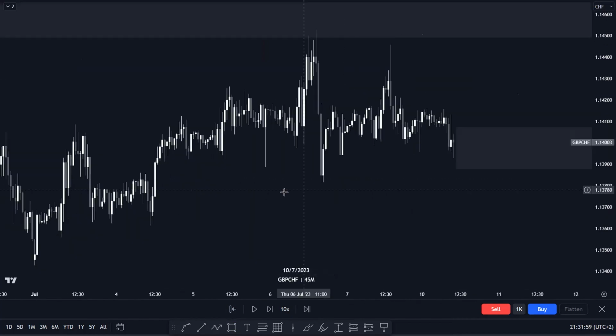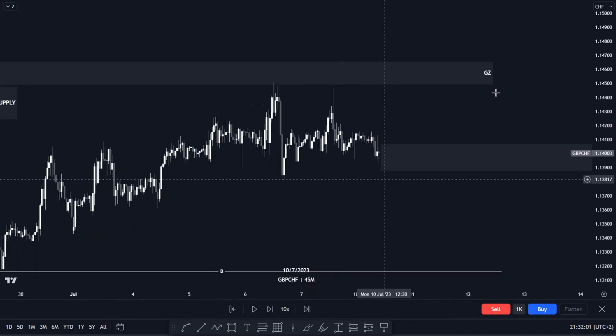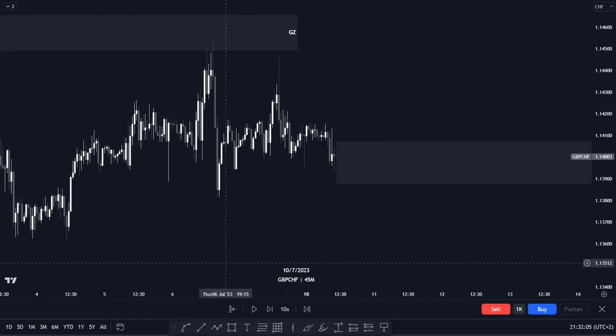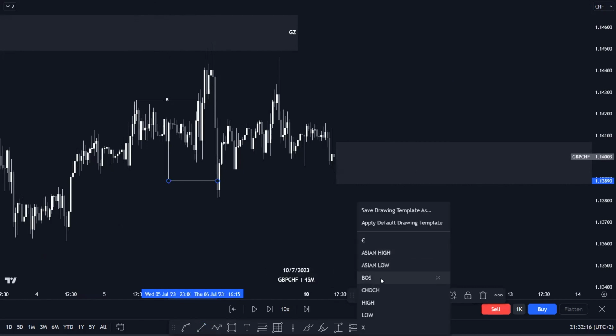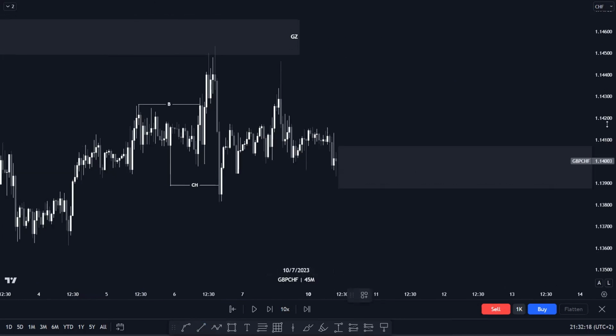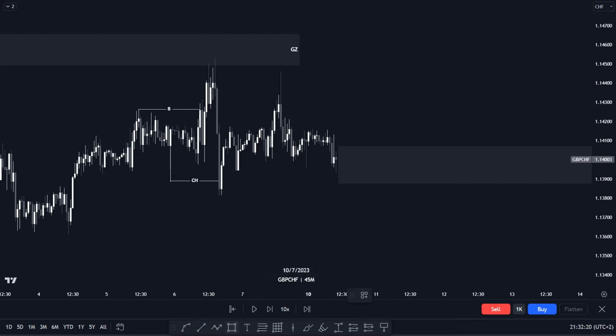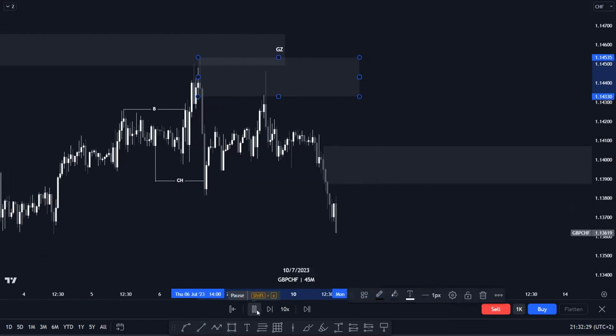So as you can see, immediately when price tapped into our golden zone entry, price created a break of structure and a change of character, and eventually price pushed to the upside and respected our supply area here, tapped in and pushed to the downside.